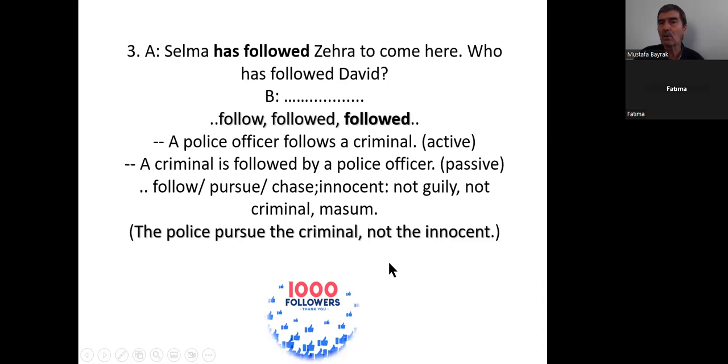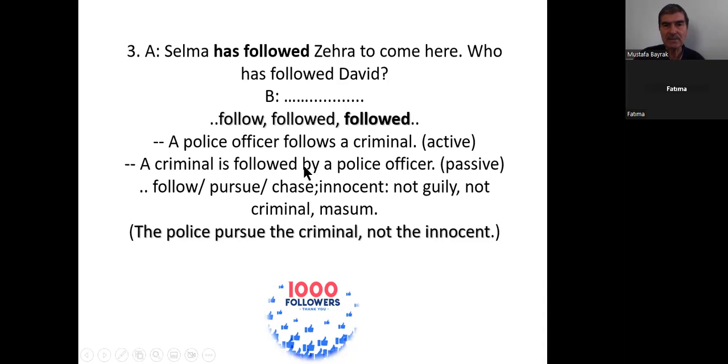They don't follow the innocent. The police is always plural. We learned it. The police pursue the criminal, not the innocent. They don't follow the innocent people. The innocent is also plural.